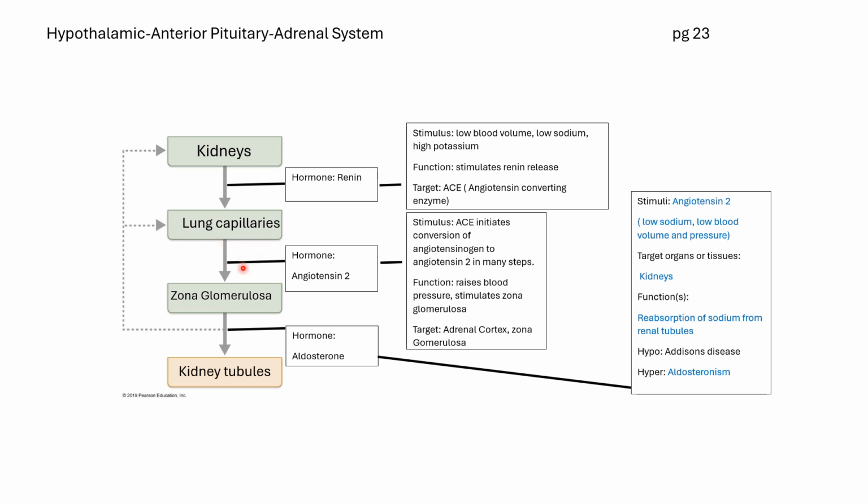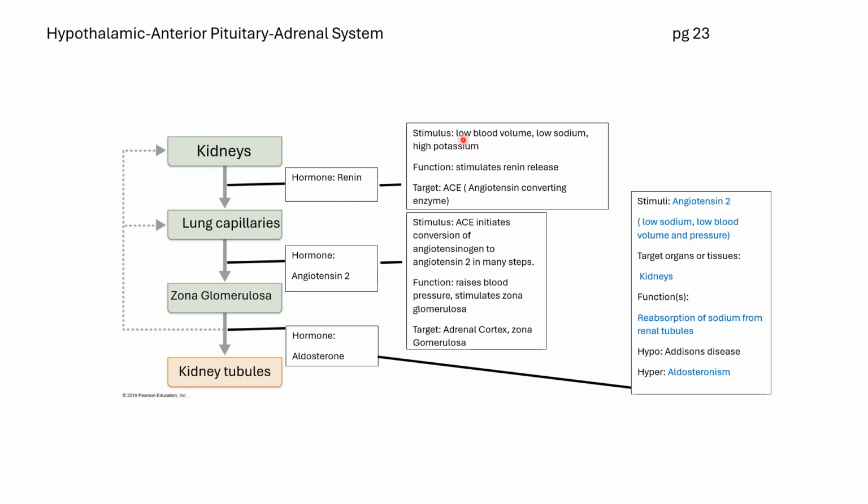That angiotensinogen is converted into angiotensin 2. There are many steps involved here which are not written here. So basically renin causes production of angiotensin 2. That angiotensin 2 acts on zona glomerulosa, and zona glomerulosa secretes aldosterone. And why do kidneys secrete renin?